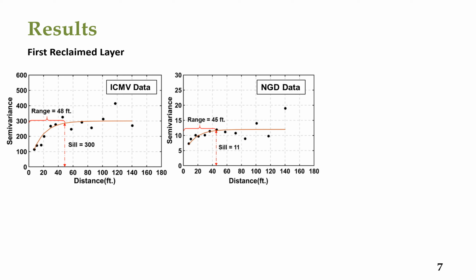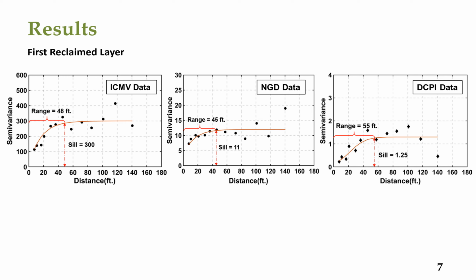The ICMV data has a range value of 48 feet, and the nuclear gauge density data has a range value of 45 feet. However, the DCPI data has a relatively larger value, which can be interpreted as better uniformity and consistency among this type of measurement.